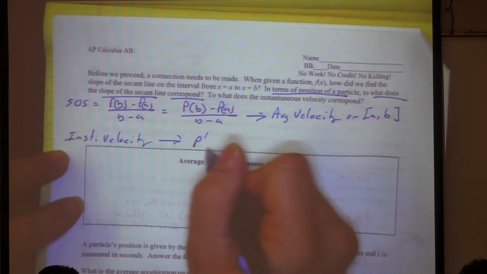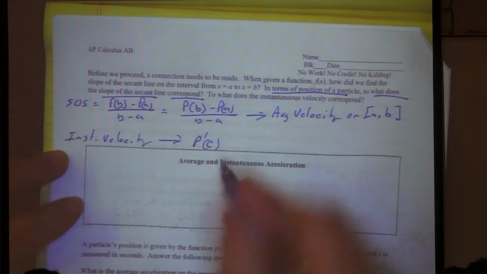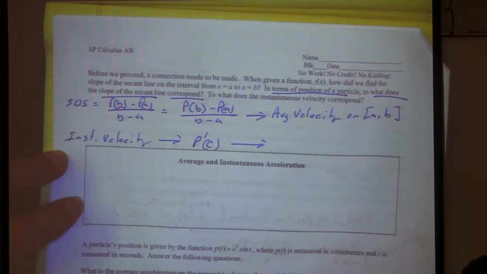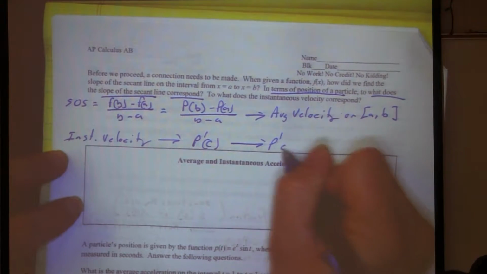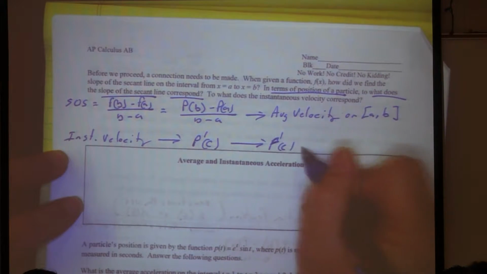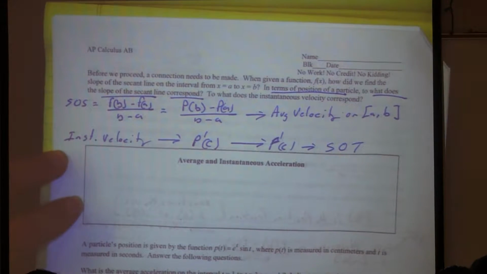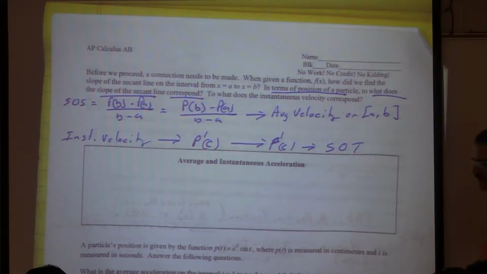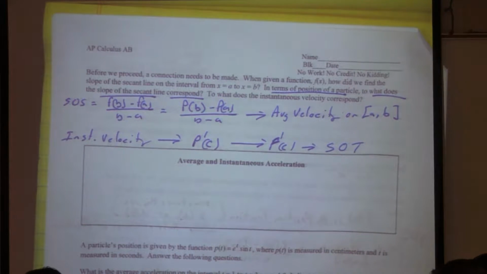P prime of some number, and that would relate to F prime of some number, which is the slope of the tangent line, right? So if I draw tangent lines on the position graph, I'm getting the values of the instantaneous velocity, right?